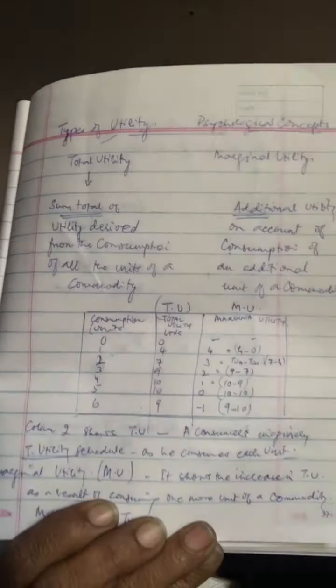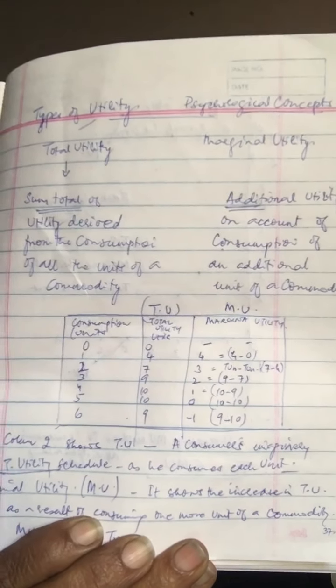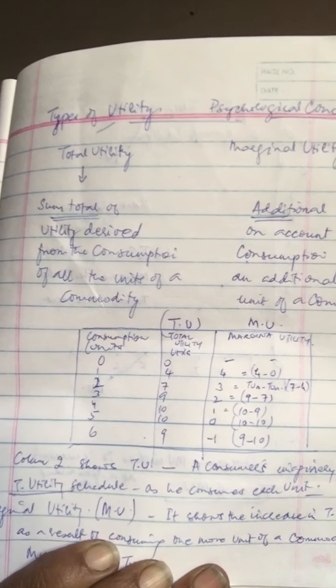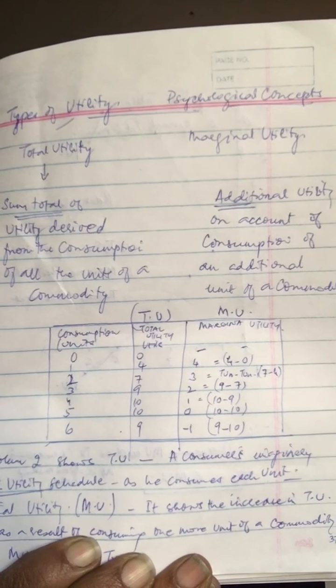Now we are going to do the types of utilities. We have what is known as total utility, and we have what is known as marginal utility. So utility can be studied in two types: total utility and marginal utility.